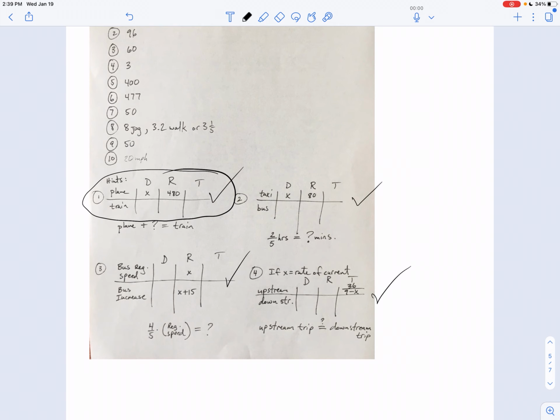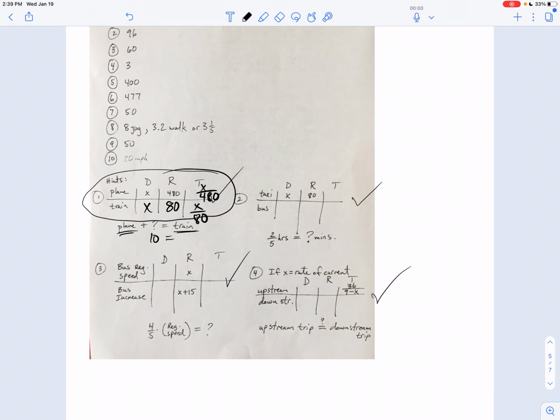I could then fill in the rest of this and do my distance divided by rate, and then it all comes down to this. If I'm in a plane, I would have to add 10 hours of travel time to make it the same as if I were taking a train. That's this example.